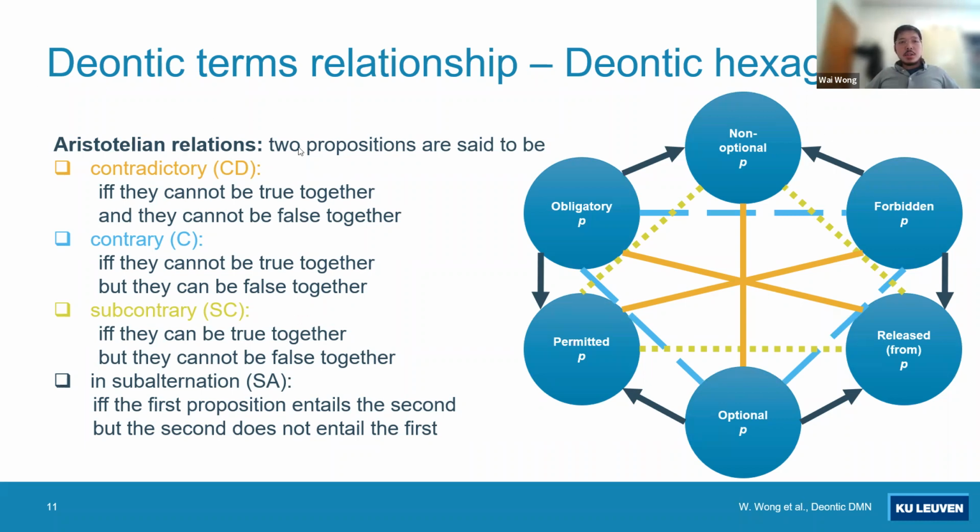They have come up with a very nice structure that we call the hexagon, with 6 key terms, deontic terms that help to form the concept of obligation, permission and so on. These 6 terms are all related to each other with 4 different types of relationship. I will go through it one by one so that you have an idea of what's happening here.